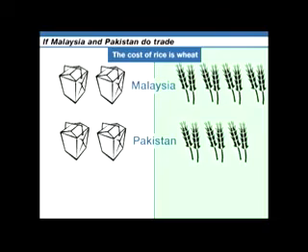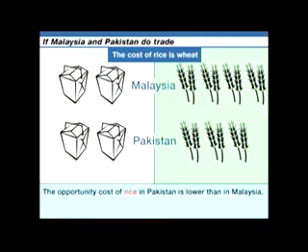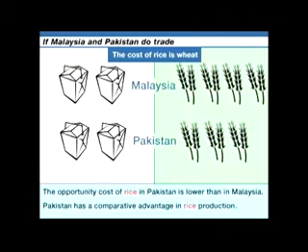Now, we can show here that there is a possibility of gain from trade. Notice that the opportunity cost of producing 2 bushels of rice, for instance, is lower in Pakistan than it is in Malaysia. If Malaysia wants to produce 2 bushels of rice, it's going to be giving up 4 bushels of wheat. The opportunity cost in Malaysia is 2 bushels of wheat for 1 bushel of rice. In Pakistan, on the other hand, if Pakistan wants to produce 2 bushels of rice, it's only giving up 3 bushels of wheat.